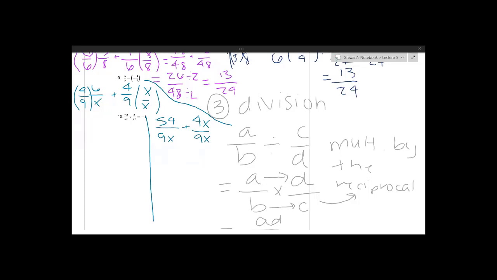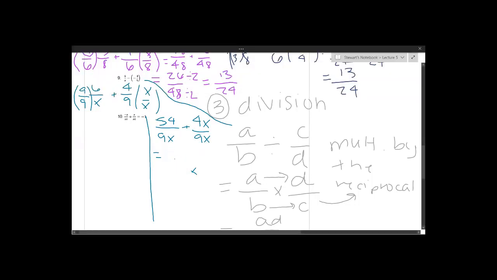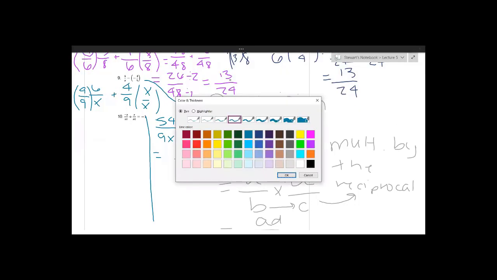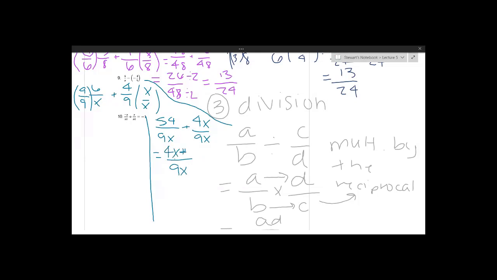So then we'd keep the denominator the same as before and just add the numerator, which would be 4x. Sorry, hold on, let me rewrite that because my stylus started kind of crapping out on me here. And those look very, very similar. We'd have 4x plus 54 over 9x, and that'd be our final answer here.